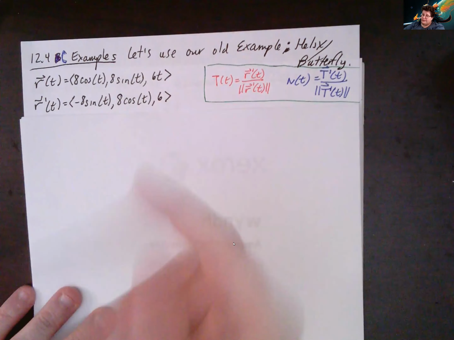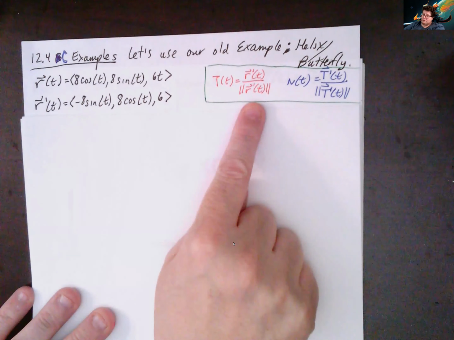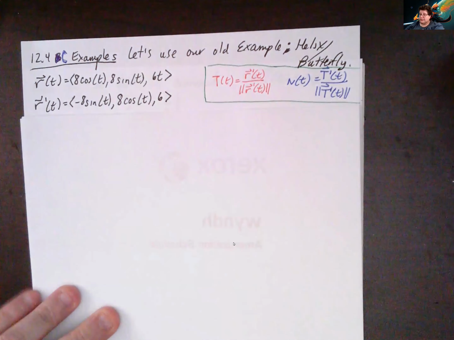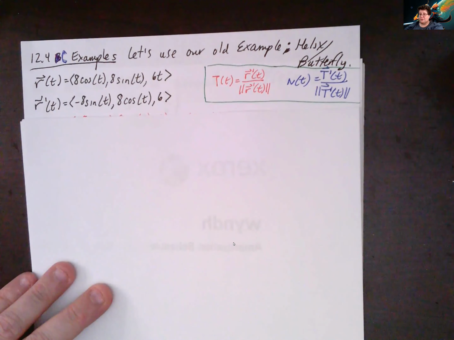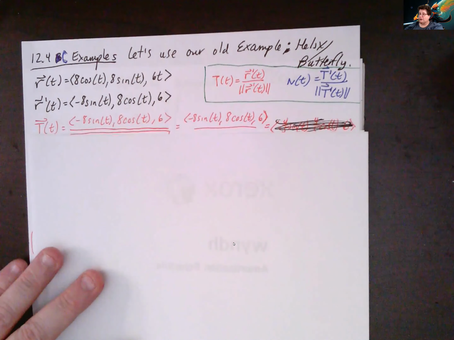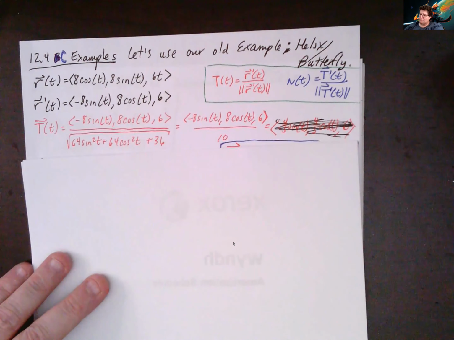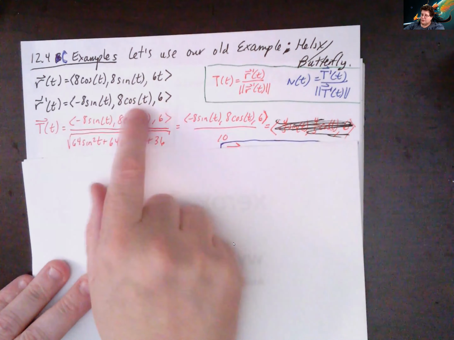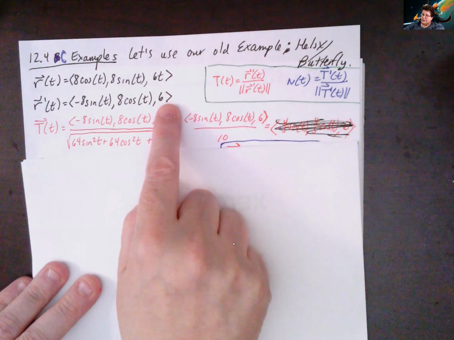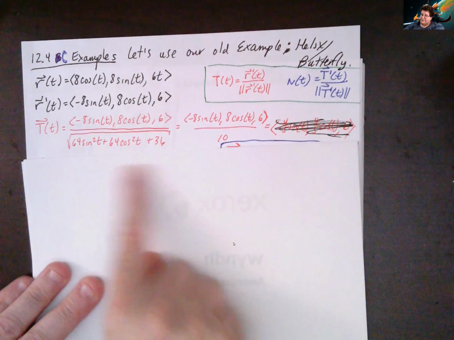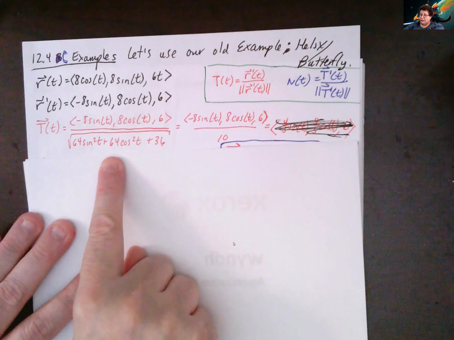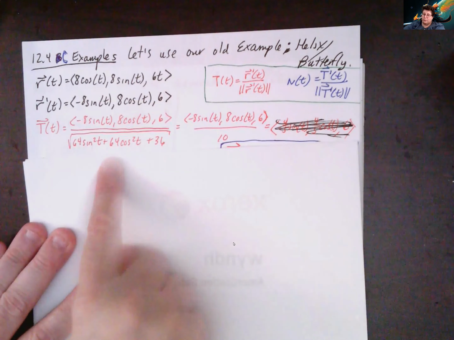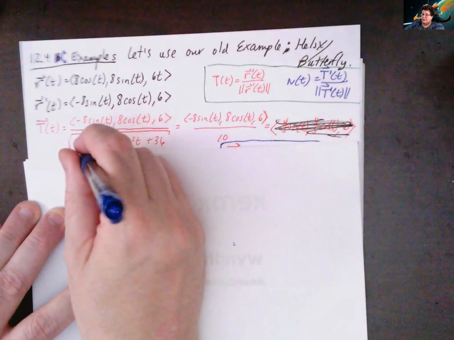To start off with, we need to take the first derivative and divide it by its magnitude. So let's do that. The first derivative is right there, straightforward. Its magnitude, we square these. They both have a 64, sine squared and cosine squared, and then 6 squared is 36. We factor out the 64, and we have sine squared plus cosine squared.